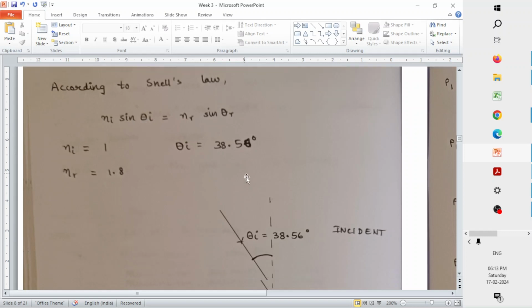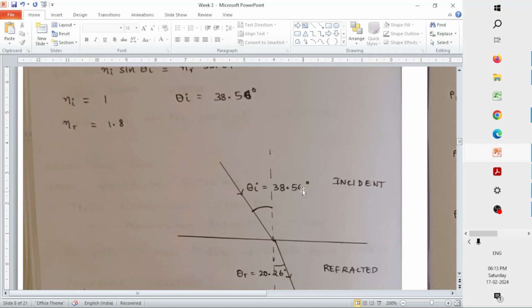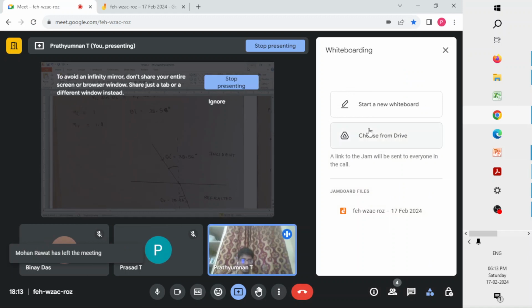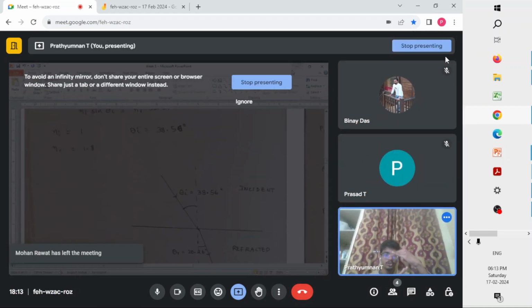Theta I is your angle of incidence, because the solar radiation falls on your flat plate collector, and that light is going to get refracted into the glass cover.